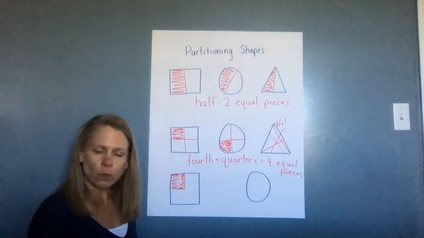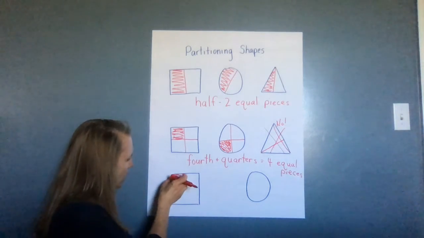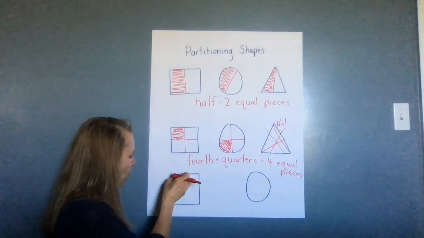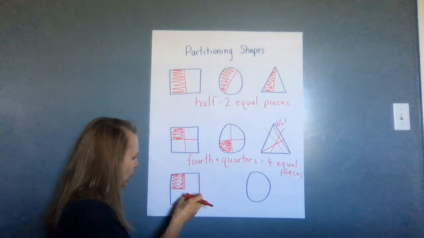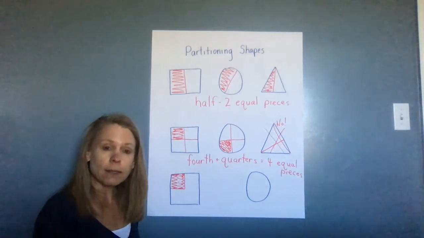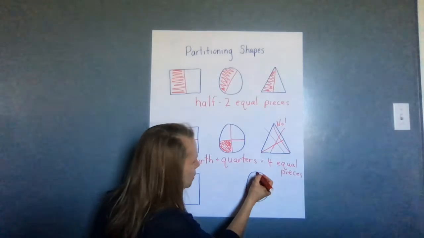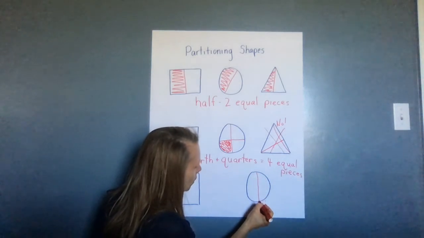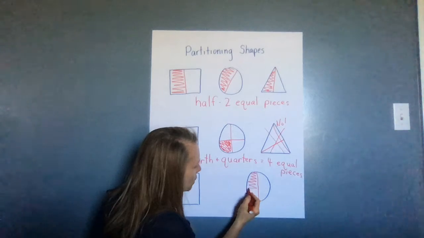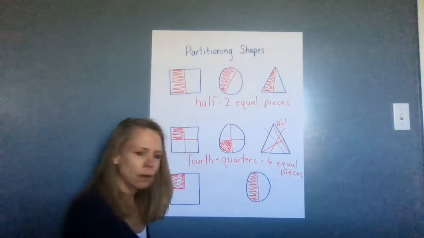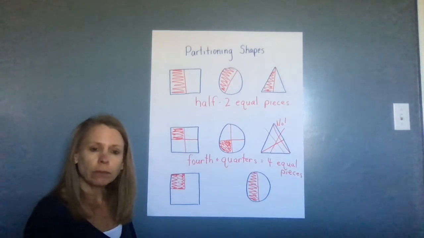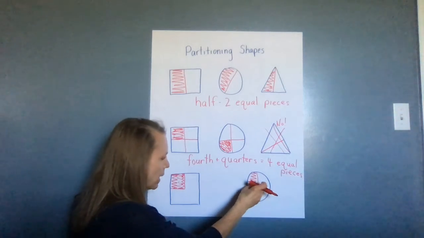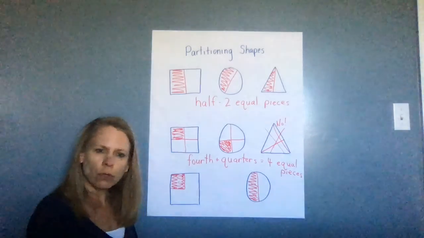So how much of that square is colored in? So I'm going to say, if I take this, I can put it 1, 2, 3, 4. I can put 4 of those pieces there. Okay. If I have this circle, how much of this circle is colored in? And you would say it's a half. Okay, because I can take 1, 2, and those are the 2 pieces.